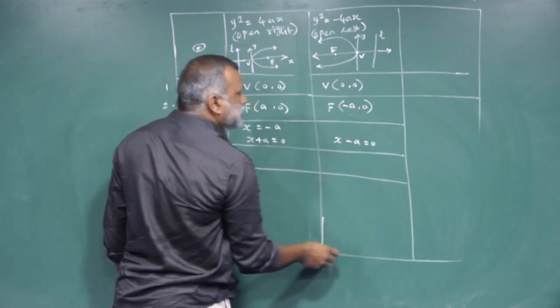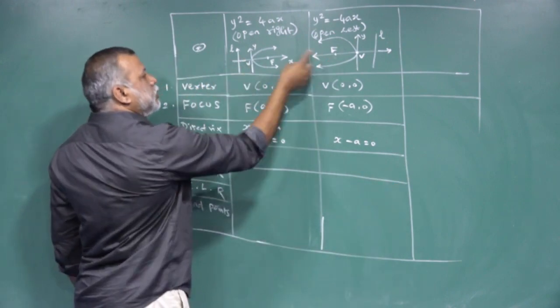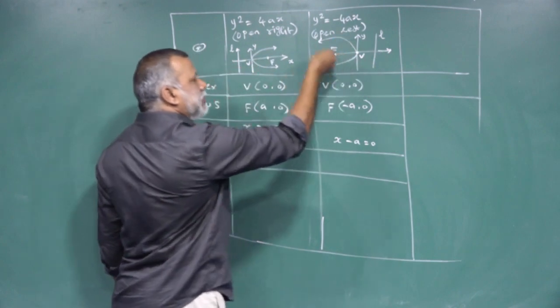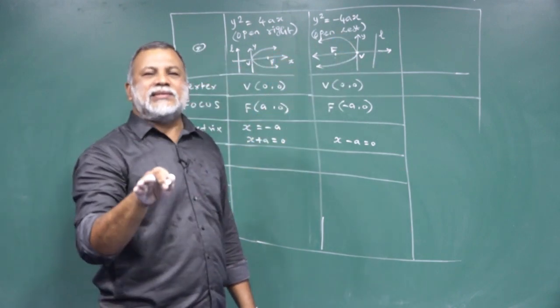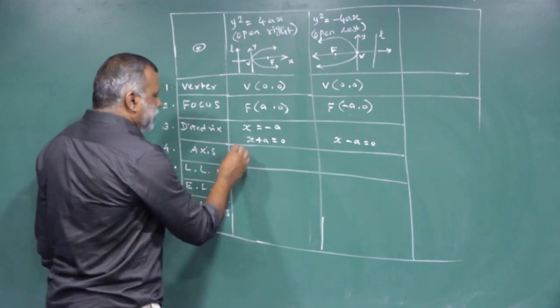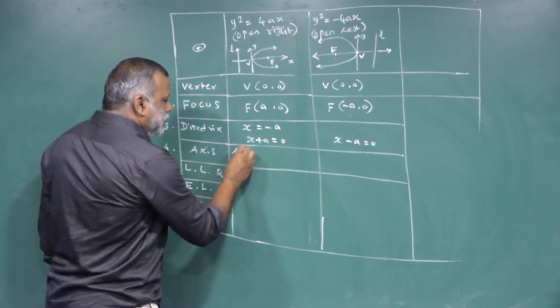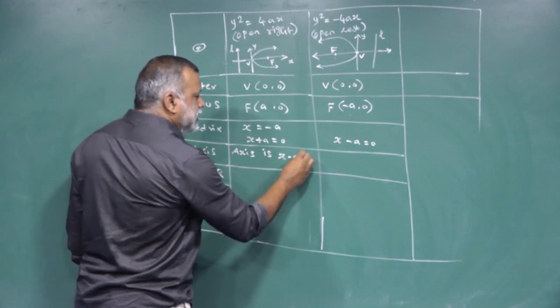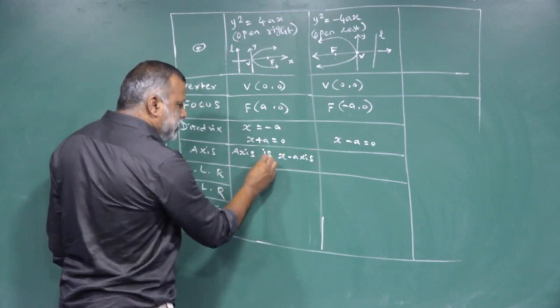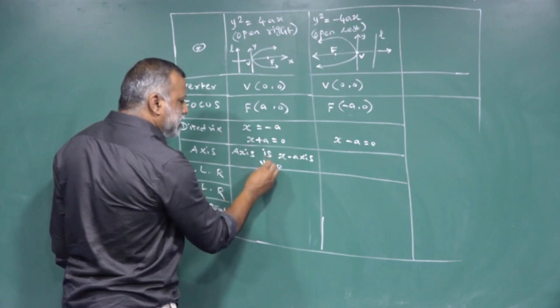Now axis. For type number 1 and 2, it is symmetrical about x-axis. Symmetrical about x-axis means x-axis is the axis, and its equation is y equal to 0. We need this result.